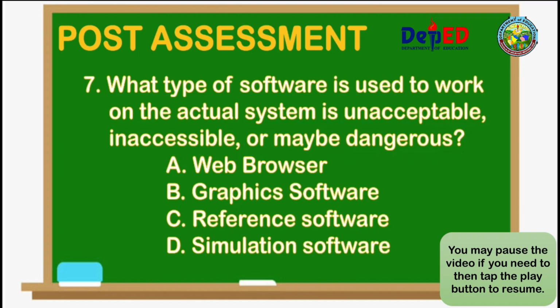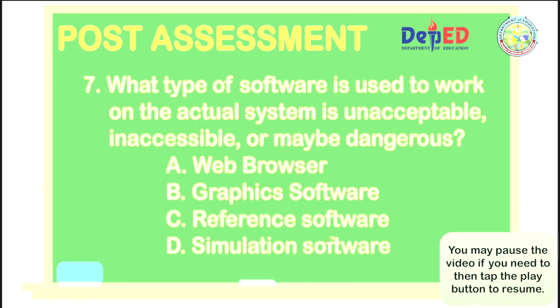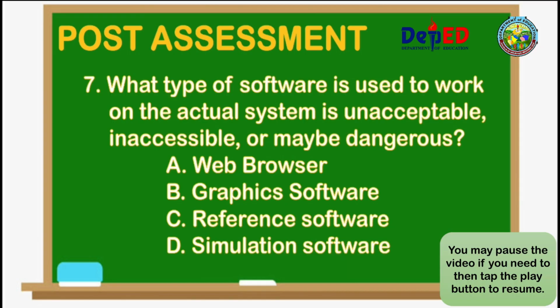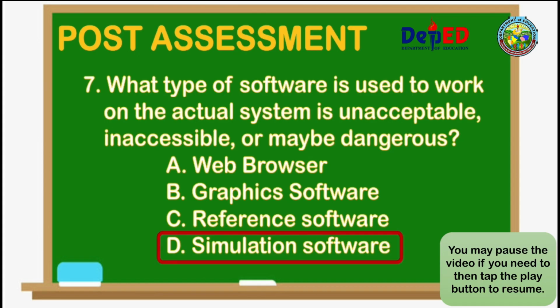What type of software is used to work on the actual system is inaccessible, or maybe dangerous? A. Web browser, B. Graphic software, C. Reference software, or D. Simulation software? The correct answer is D. Simulation software.